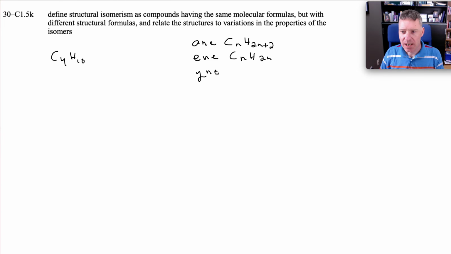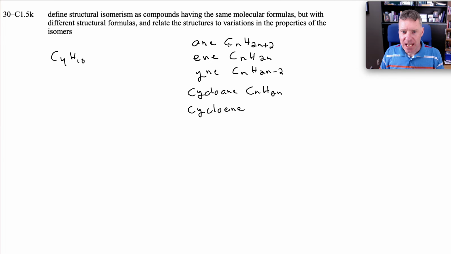An ine with only one triple bond, you take away two more H's. If something is a cycloane with all single bonds, it starts similar to an ane, but in order to make the ring, you've got to lose two H's to complete the ring. So it's CnH2n. And the last that you would want to consider is a cycloene.